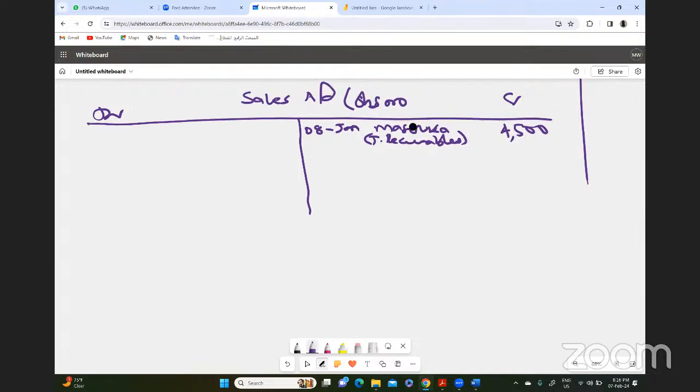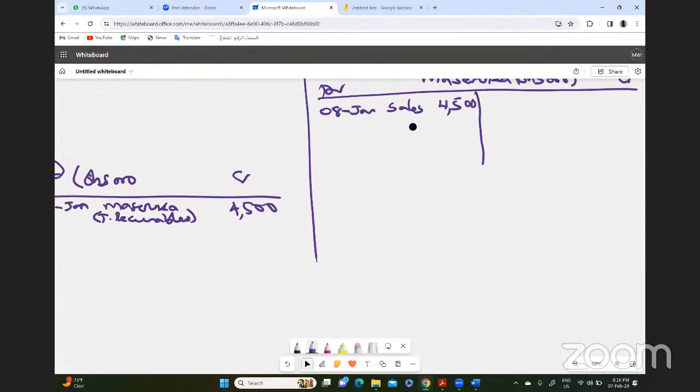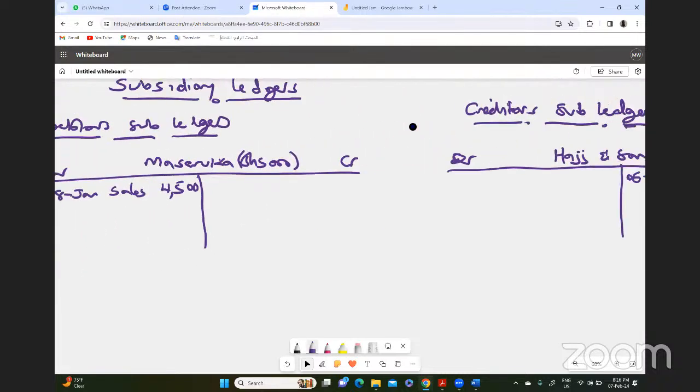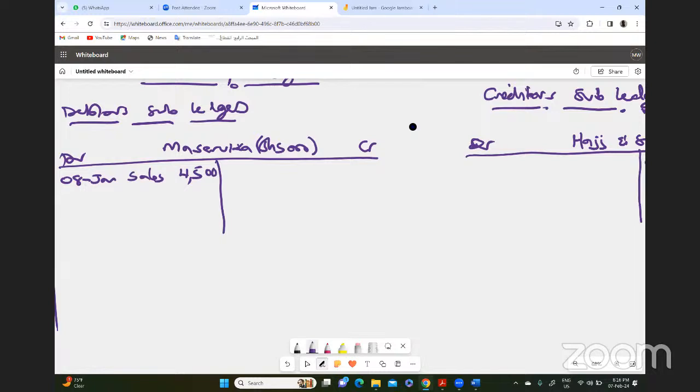Yes, please. If I is my supplier, and those my customers, they are supplying me with credit. I've also done some marketing, very much for those transactions under one subsidiary. You'll have Haji as a debtor subsidiary account and Haji as a creditor subsidiary account.